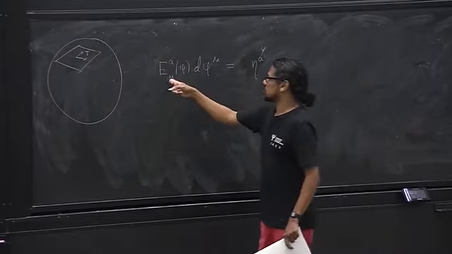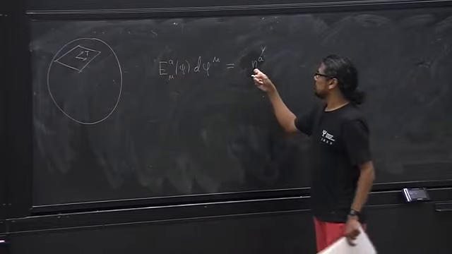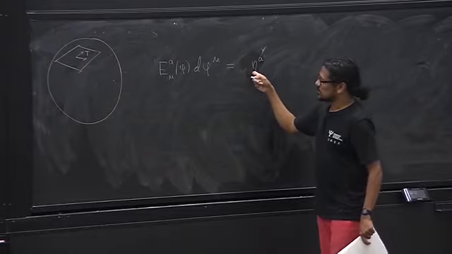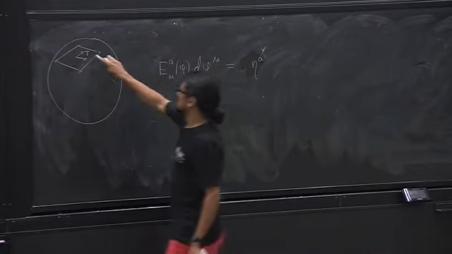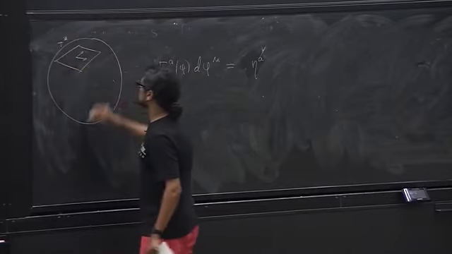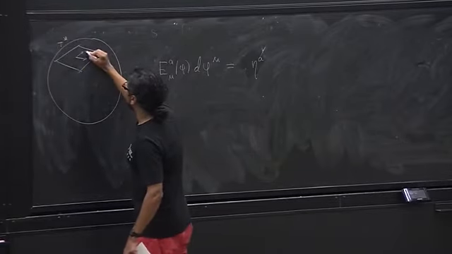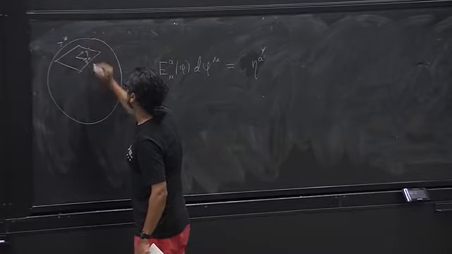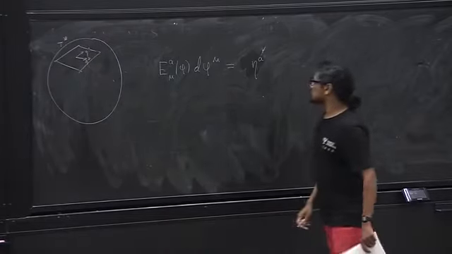It's an object which translates between bases of one forms. Suppose this is the cotangent space, and these one forms form the basis of the cotangent space.